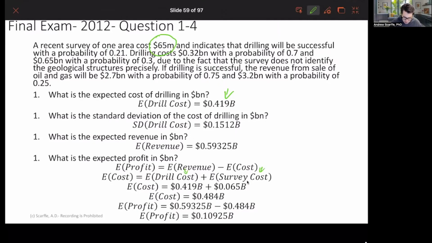So this is 0.419 billion plus 0.065 billion. This is converting the millions of dollars into billions of dollars so that we keep our units consistent. So our expected cost then is $0.484 billion. And then we can calculate our expected profit to be $0.10925 billion.